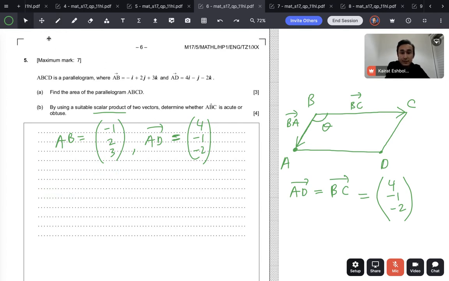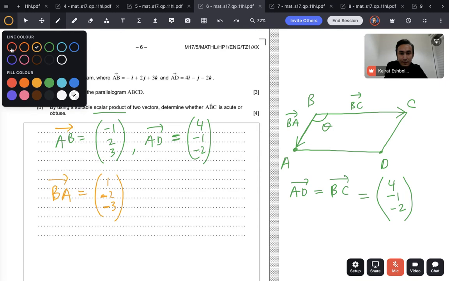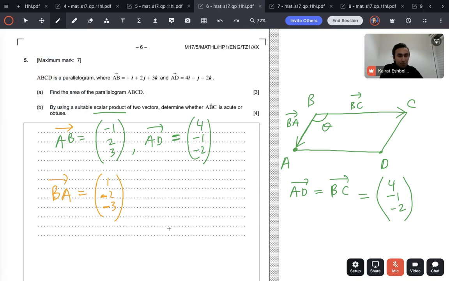Okay, so what's BA? Let's find out. It's very easy, because BA is just in the opposite direction to AB. That means vector BA is equal to the negative of AB, which is 1, -2, and -3. And so now let's do the dot product.